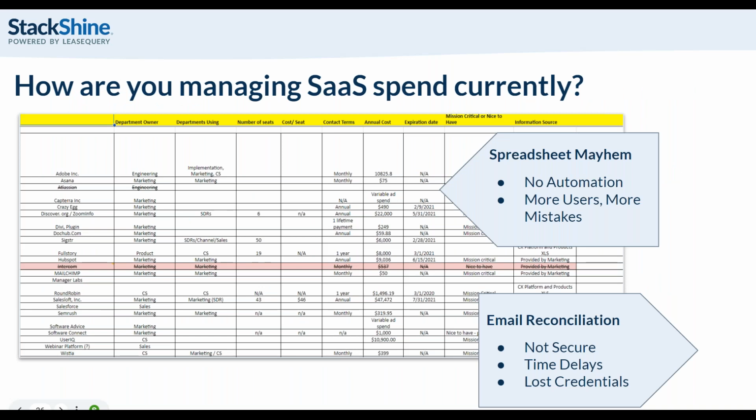So moving to the next slide here, we want to take a moment and talk about the current pain we may be feeling around actually managing SaaS. So we've gone through all of the risks it poses to your business, how difficult it is to capture all this information, and then we look at the solutions available to us to actually handle and address these challenges on a day-to-day basis.